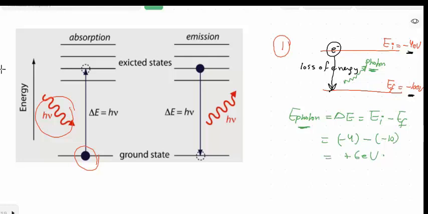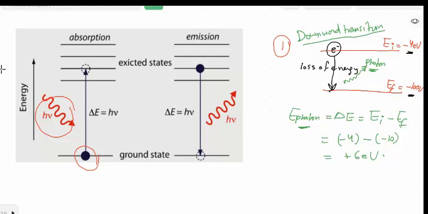See how we work? This is the first type of transition. We call it downward transition. So every time we have a downward transition, the electron loses energy as a photon, and this is the way we calculate the energy of the photon.